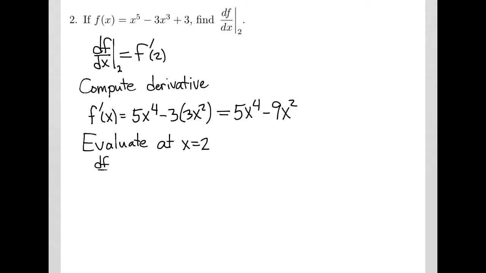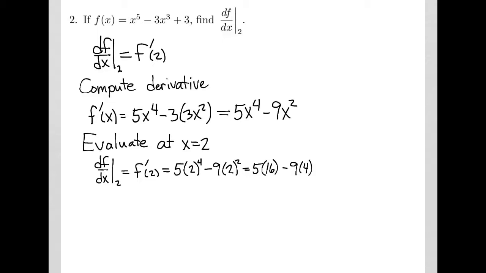So my rate of change at 2 is the value of my function at 2, which I can evaluate using my formula 5 times 2 to the fourth minus 9 times 2 squared. 5 times 16 minus 9 times 4, which is 44. And so I found the rate of change of my function at 2.